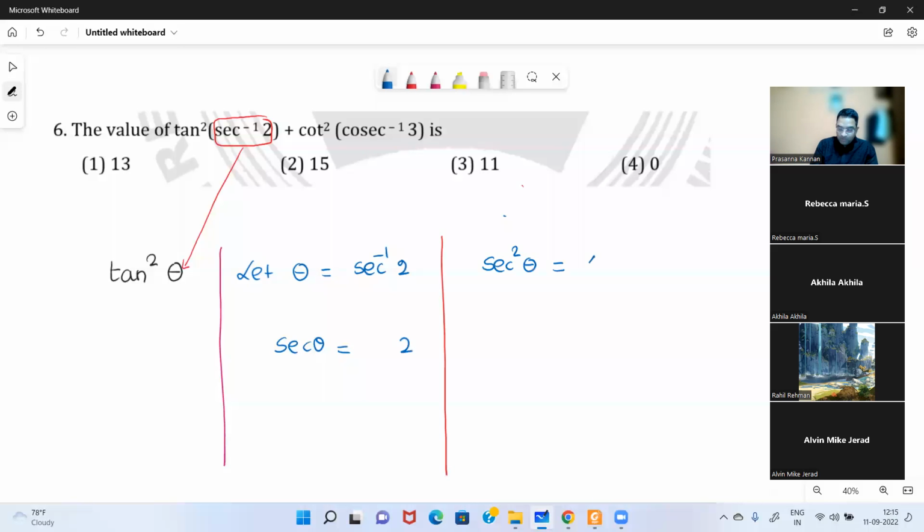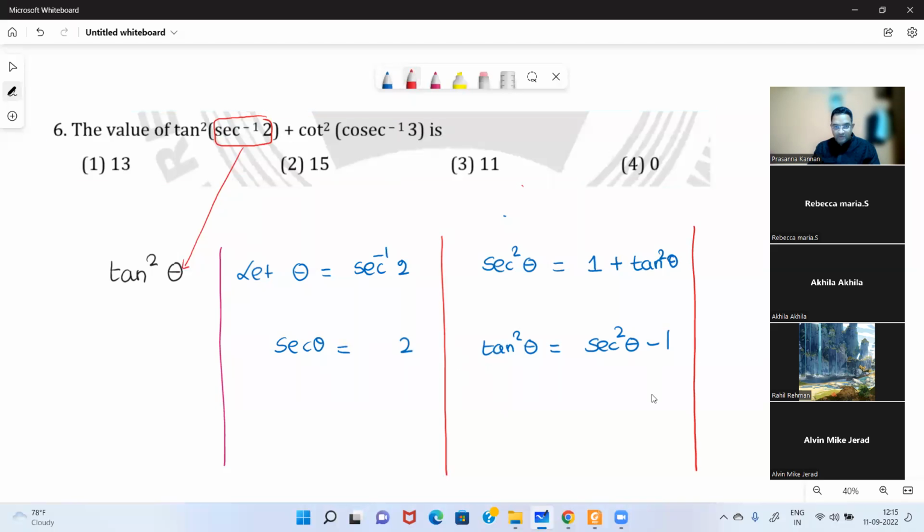Secant square theta is equal to 1 plus tan square theta. Therefore, tan square theta is secant square theta minus 1. Clear? Okay. This is the first part.